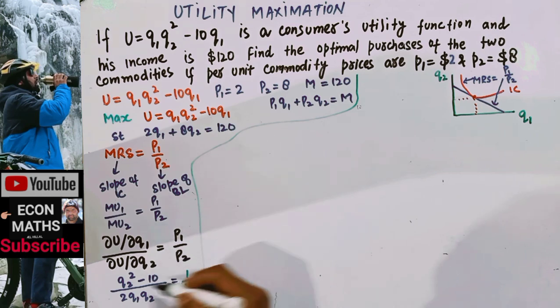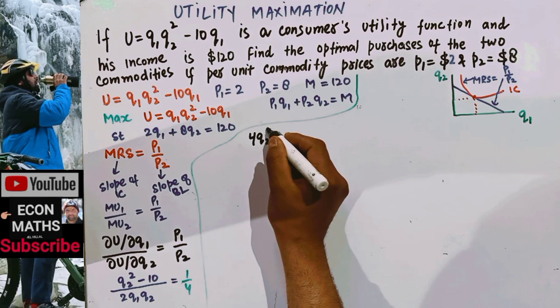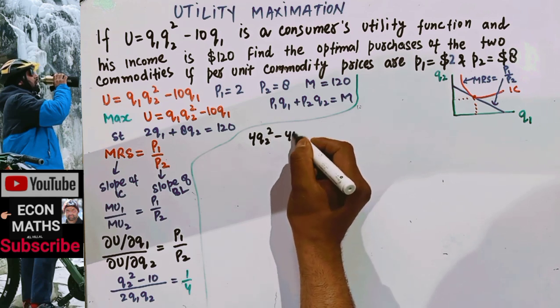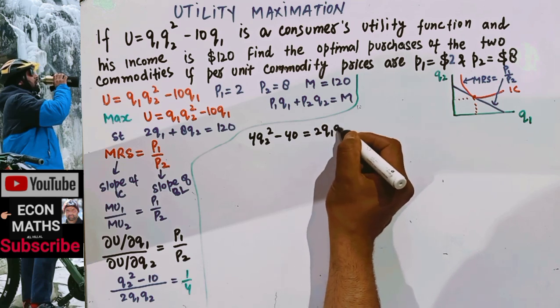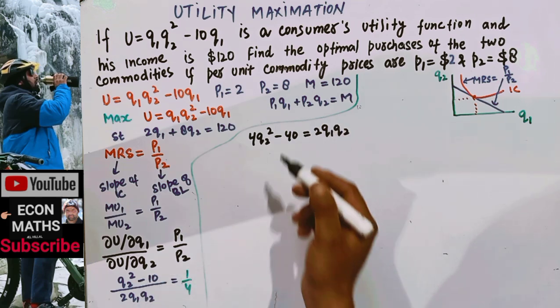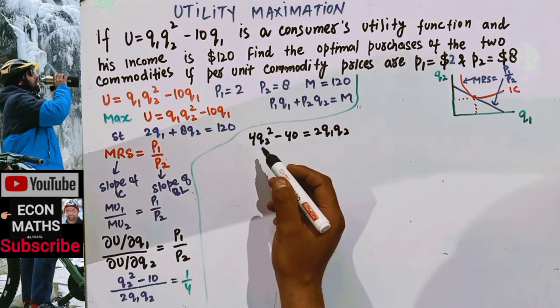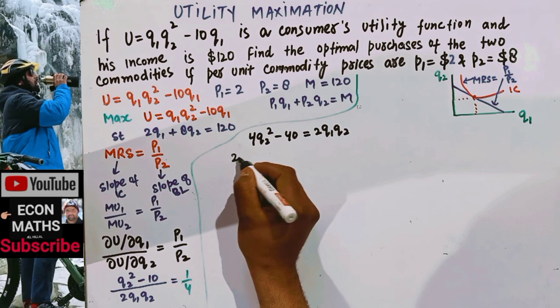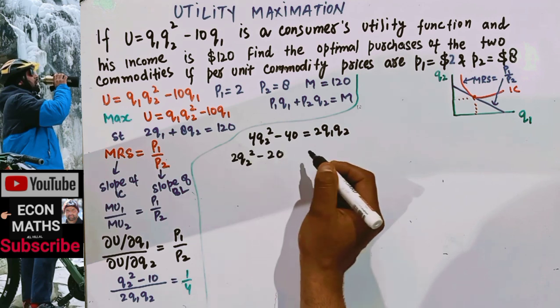So we have 4 Q2 square minus 40 is equal to 2 Q1 Q2. Simply I'm cross multiplying this. Dividing both sides by 2, we will be left with 2 Q2 square minus 20.